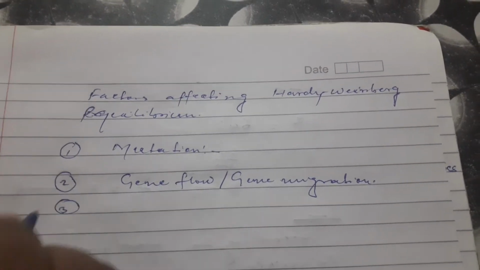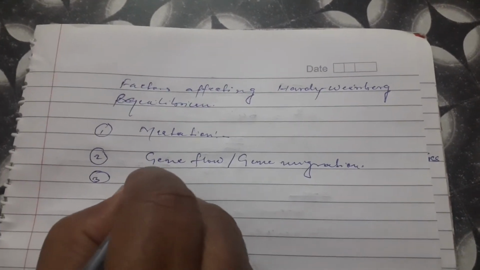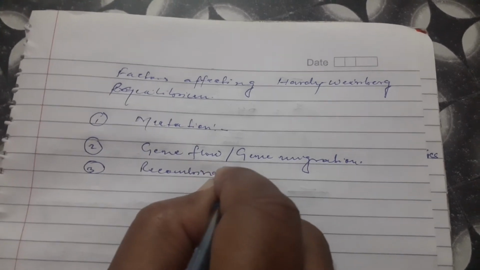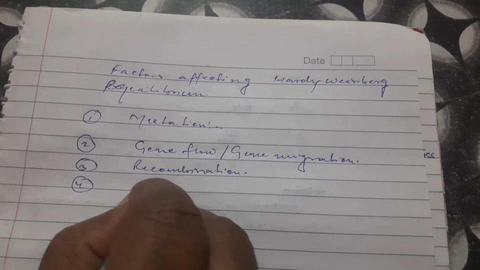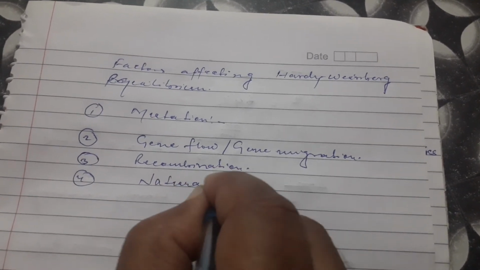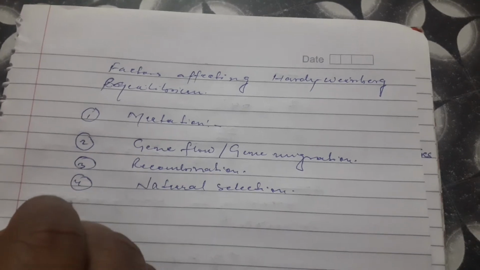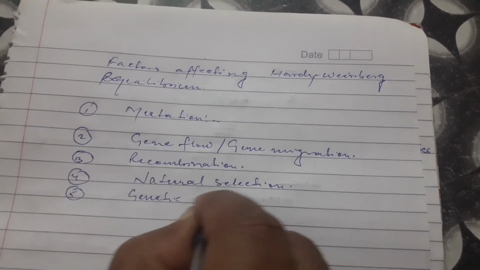And then number three is recombination. Number four, natural selection. And then number five is genetic drift.